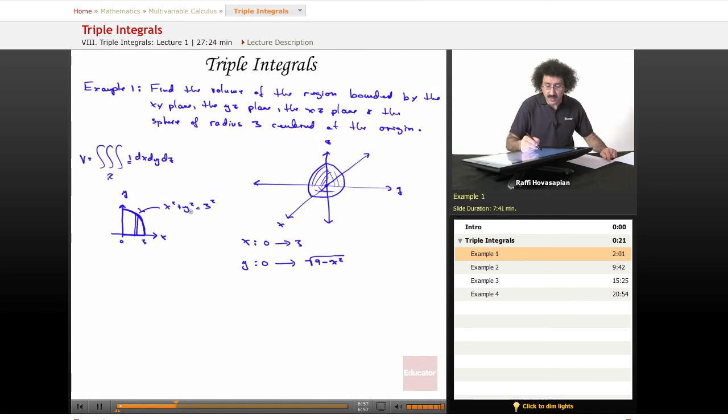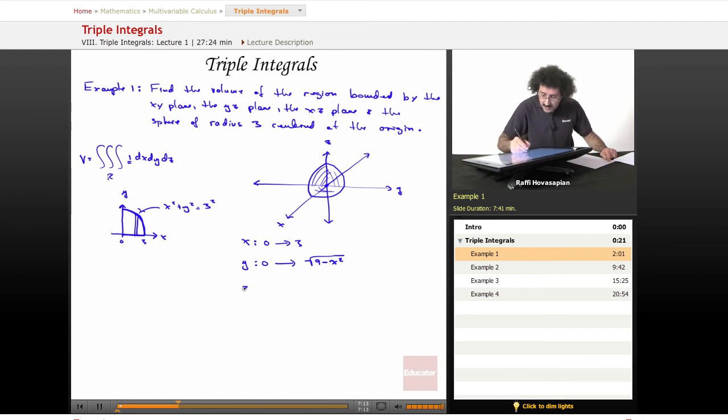If I take x squared plus y squared equals 9, I move the x over, I get 9 minus x squared. I take the square root, I get plus or minus. Minus gives me the part below, the plus gives me that part. So x goes from 0 to 3, y goes from 0 to radical 9 minus x squared.